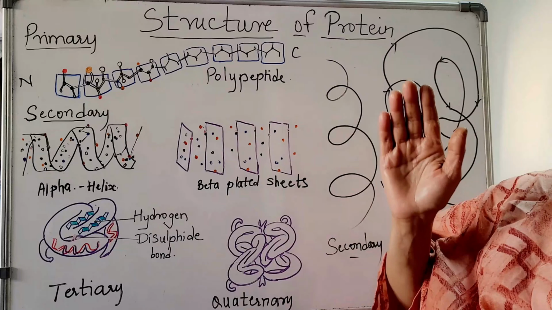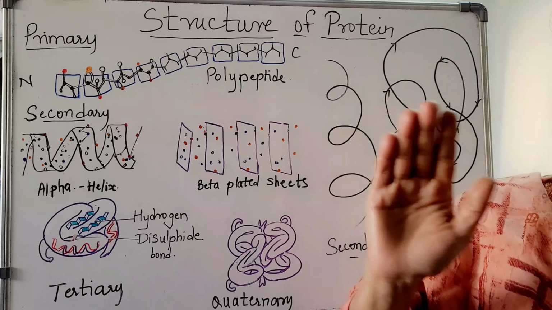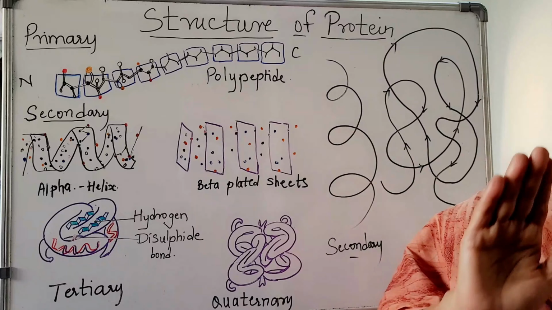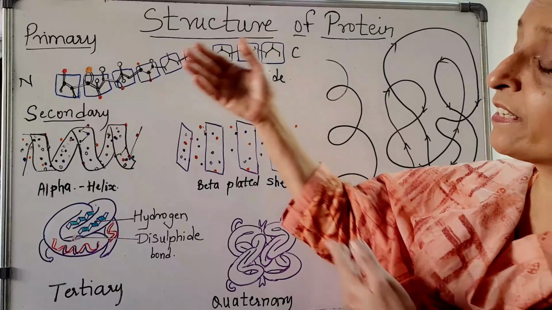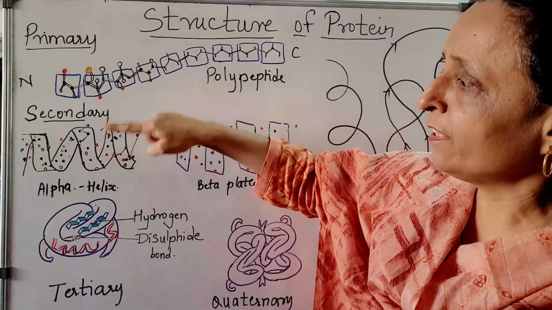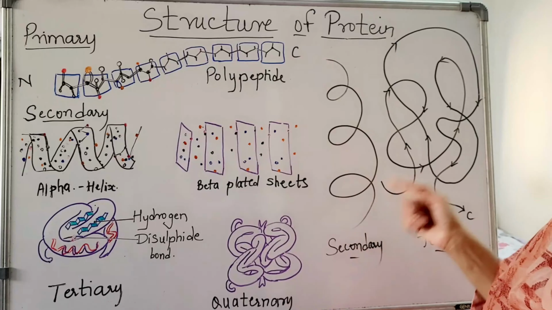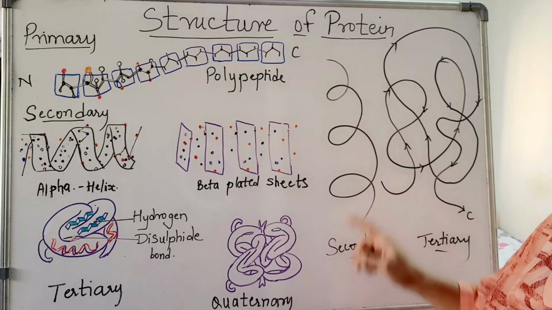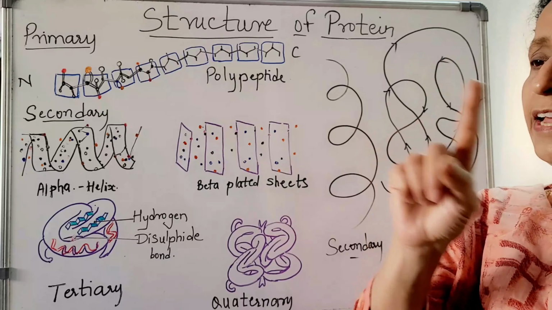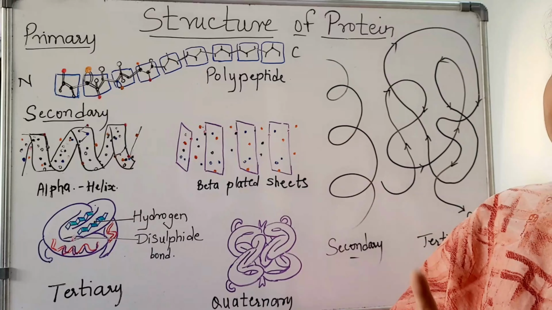Now, when this primary chain twists, it becomes helical. So that is the secondary structure. Here you can see the helical form like this. It forms the secondary structure. Here this is the cartoon of the secondary structure. You can see how the helix has formed, curling around itself.